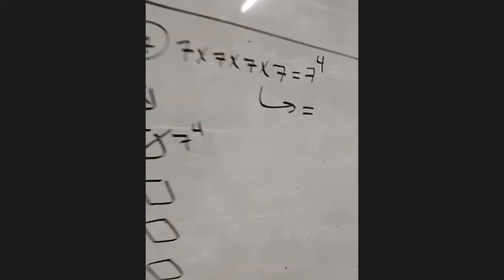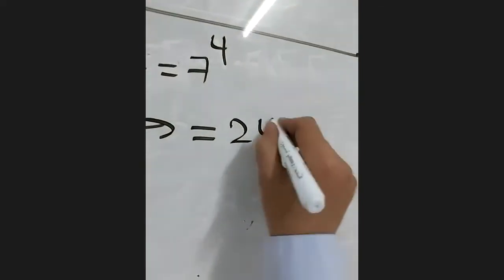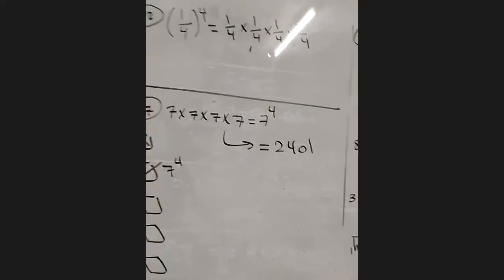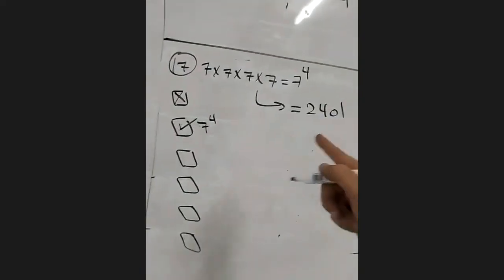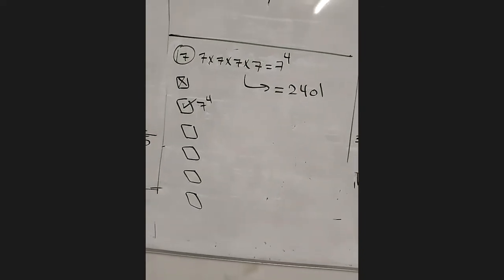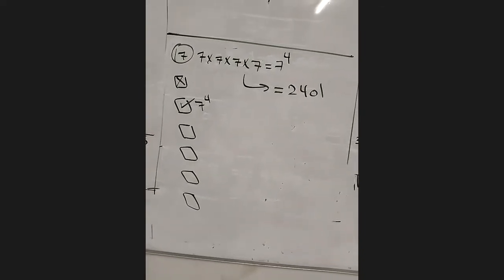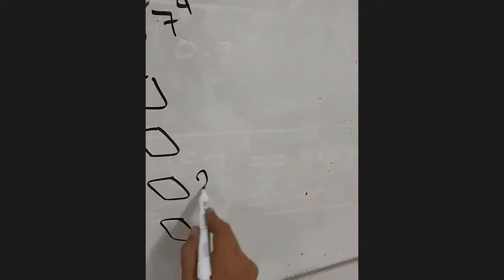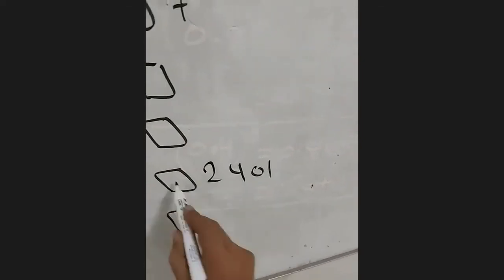It will be 2401. Now, do we have this choice here? Yes. Which one? The fifth one, right? Yes. So we will choose this also.